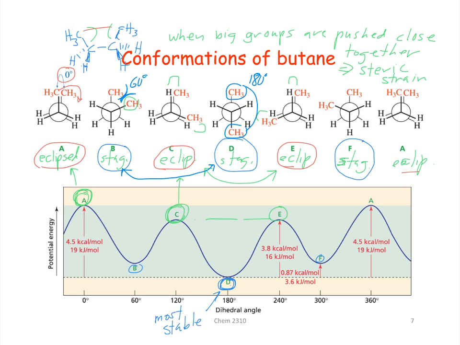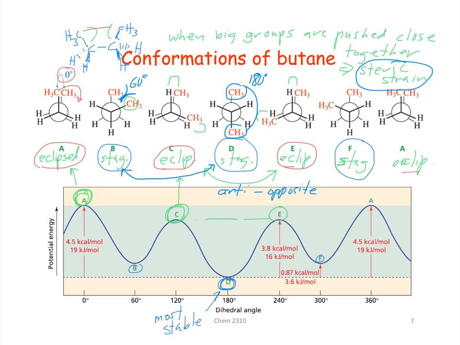So the most stable conformation is the one that puts the big groups the farthest apart, which minimizes this steric strain. All right, we have names for these two conformations. When we put the big groups opposite of one another, we call it anti. That means opposite.